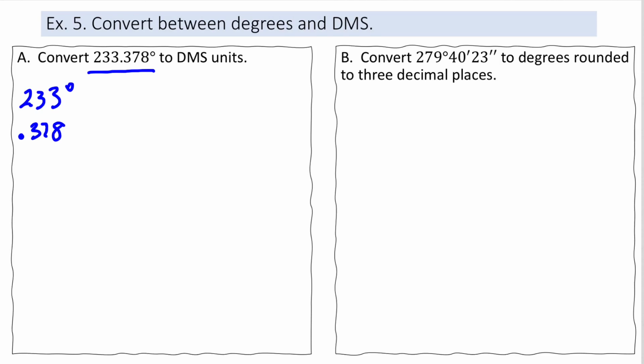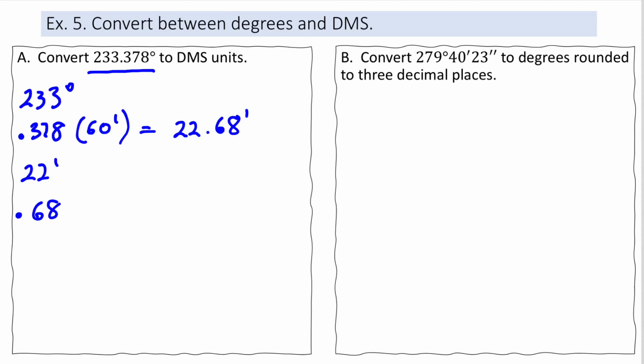So first, to get the minutes, I multiply by 60 minutes, and that gives me 22.68 minutes. So I have 22 whole minutes, and now I need to figure out my seconds. So I have 0.68, that's my partial minutes, so that would form my seconds.